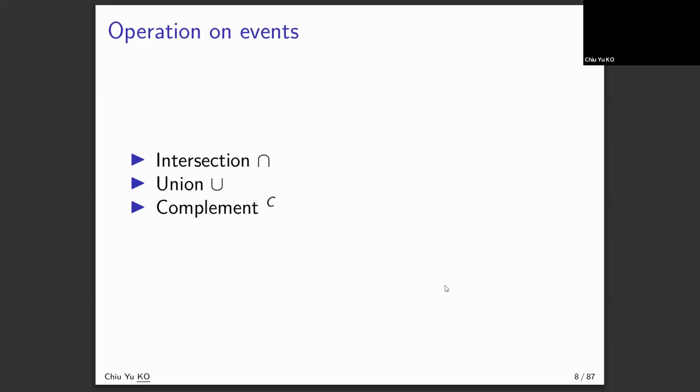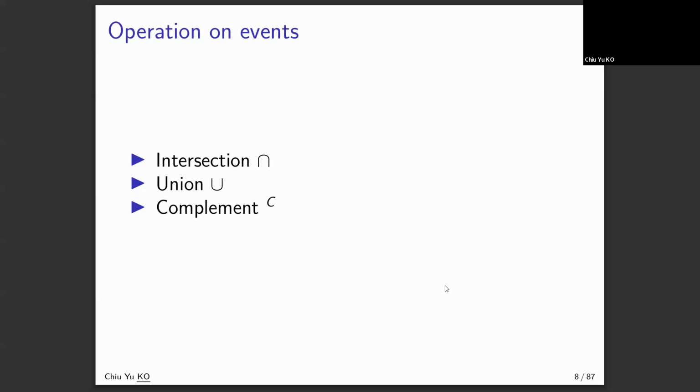And complement means not. So when you see intersection, it just means and; union just means or; complement means not. The reason I introduce it is that it is the standard terminology, and when you read a book or other text, you have to know it. Of course, I can use English, but this is how people define it.